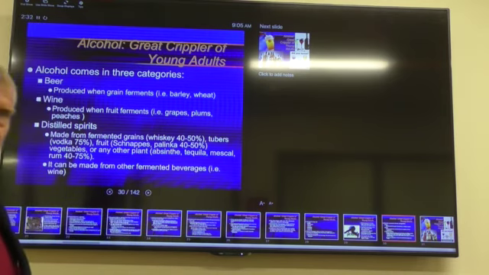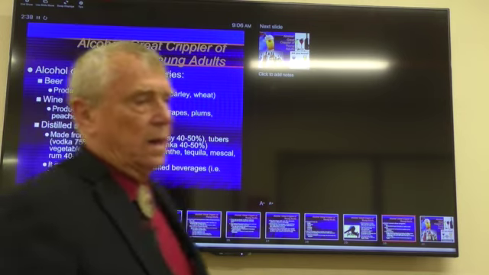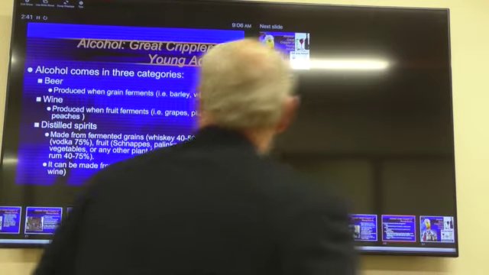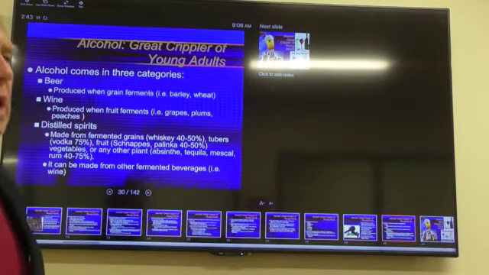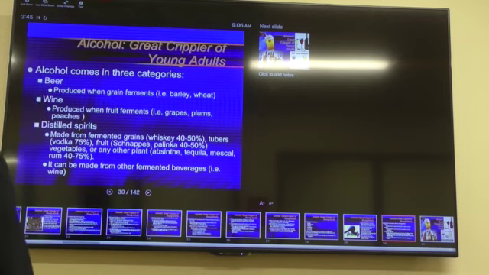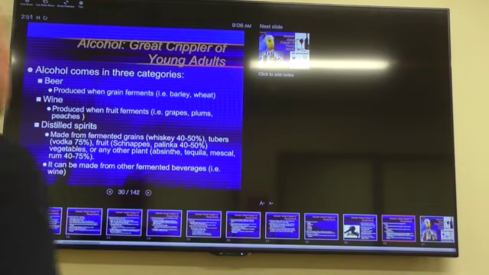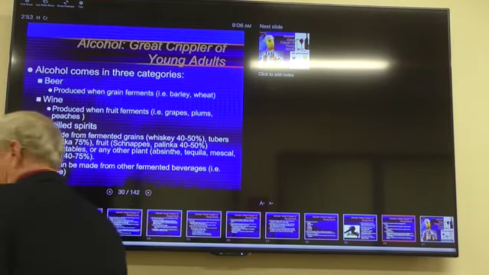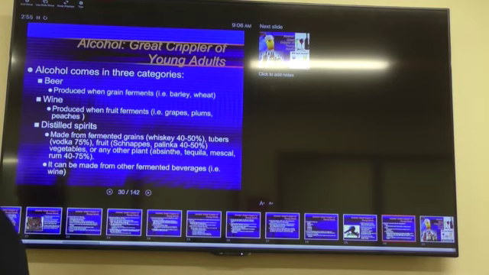Drinking alcohol, ethyl alcohol, comes in three different forms. Beer, wine, and distilled spirits. The name of it has to do with how it's actually created. Beer is produced when you ferment grain.